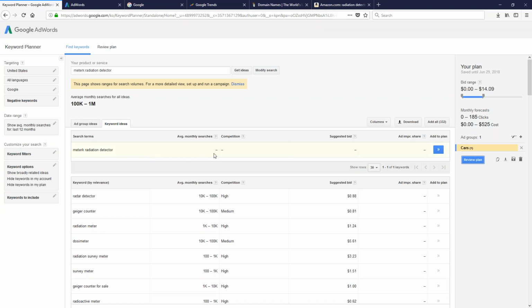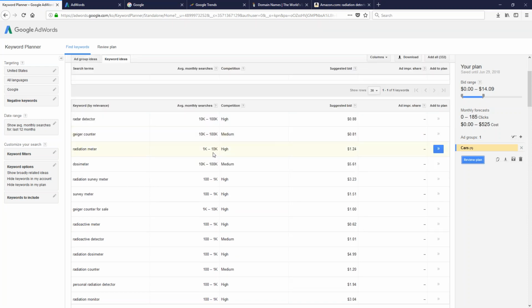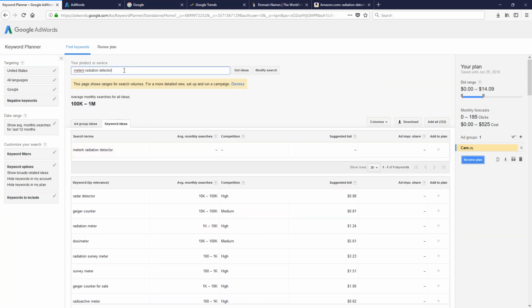Now, because I have found nothing here, it doesn't mean that this brand name isn't worth targeting. Maybe it means that the only thing they make is this radiation detector. Maybe it means that it's just some unknown cheap private label type of brand from China potentially.